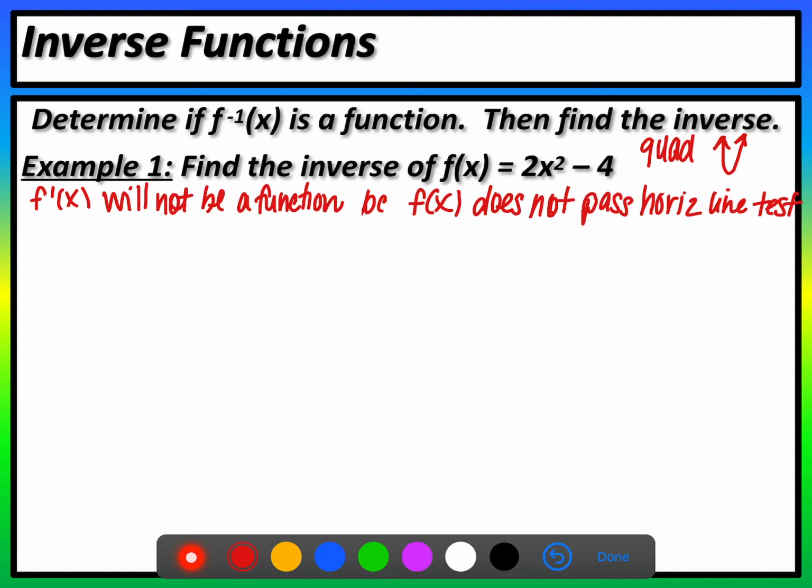All right, so in order to find the inverse, I'm going to first switch out f of x for y equals, and then we switch the x and the y's. We switch the positions, so just like in an ordered pair, we're now switching the variables in the function.